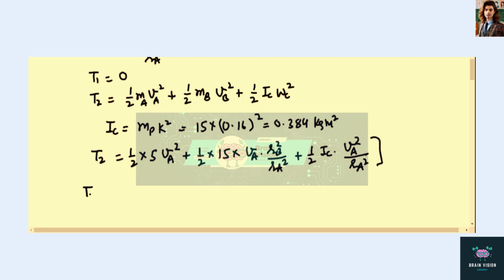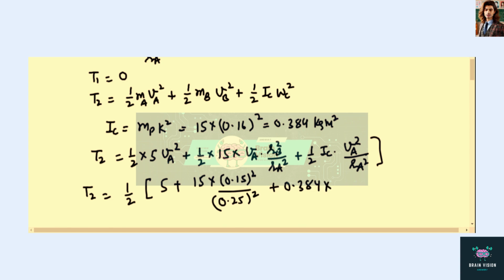Now take the common factors outside. We can write half times 5 plus 15 into Rb, that is 0.15 square, divided by 0.25 square, plus the moment of inertia of the pulley system, which we have measured as 0.384, into vA square, which we can take common, divided by Ra, that is 0.25 square.